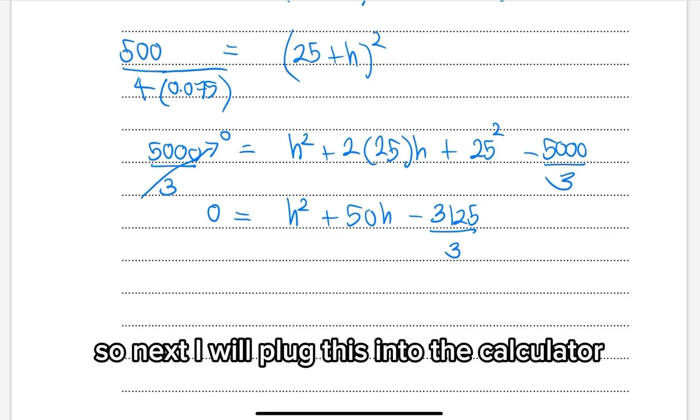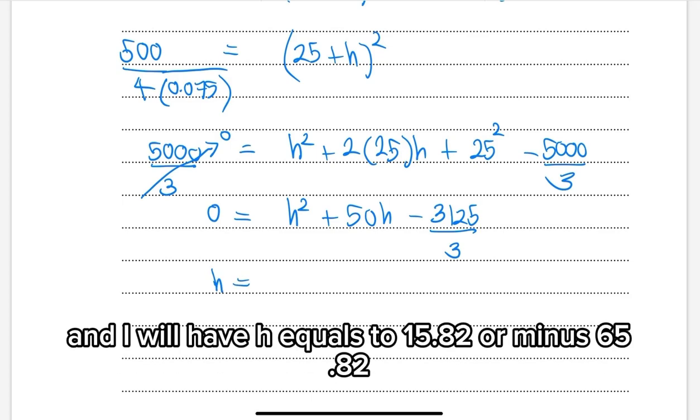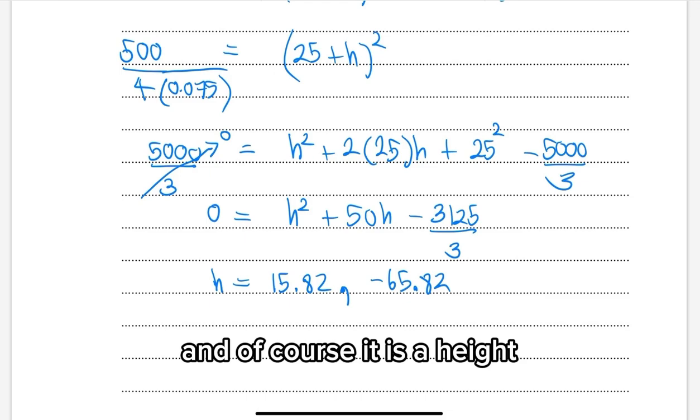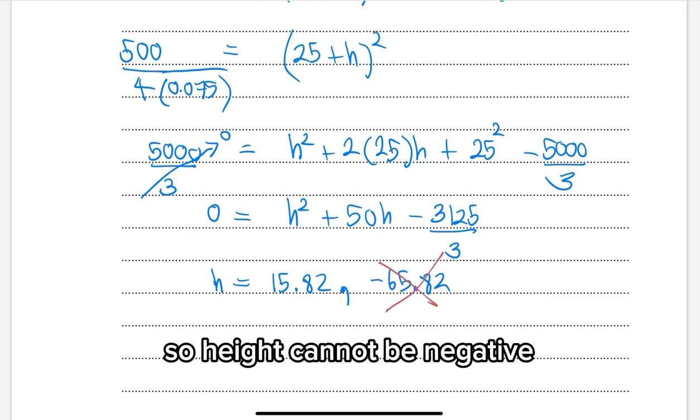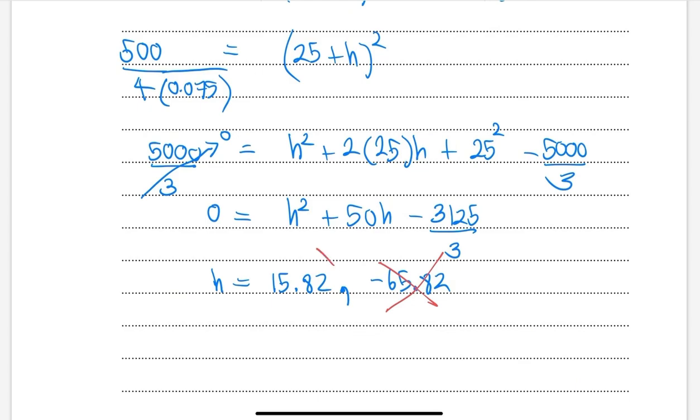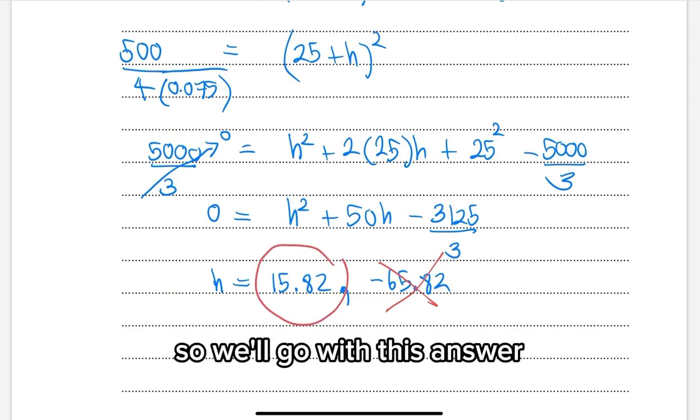Next, I will plug this into the calculator, and I will have h equals 15.82 or minus 65.82. And of course, it is a height, so height cannot be negative. So we'll go with this answer.